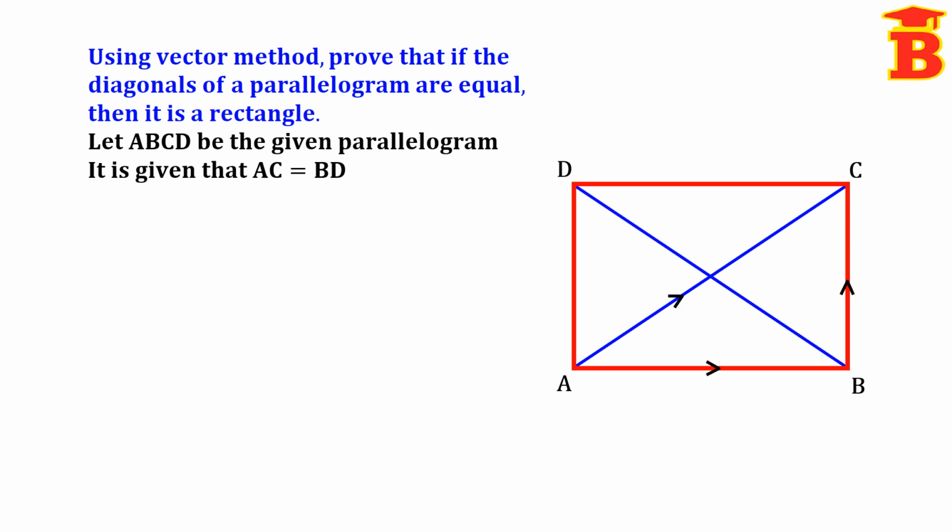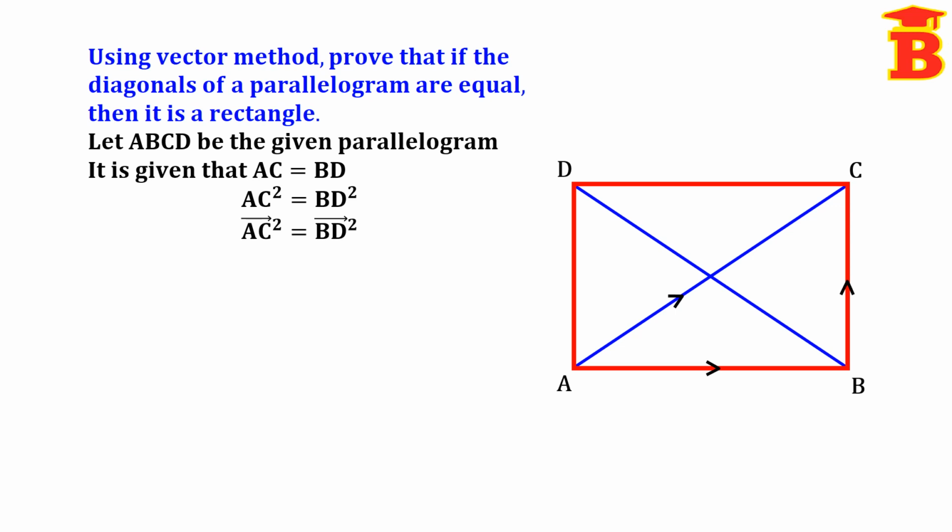Given that the diagonals are equal, so here the diagonals are AC, BD. So we take AC equal to BD. Now squaring both sides, AC square equal to BD square. Square means we can take vector. So AC vector square equal to BD vector square.